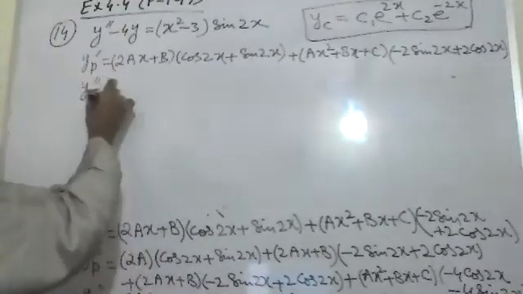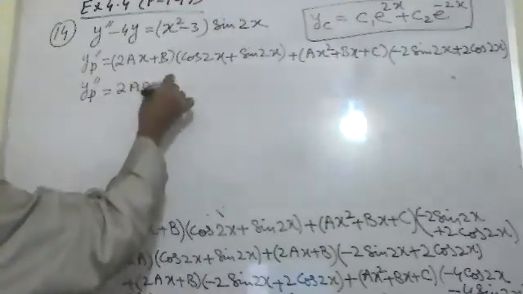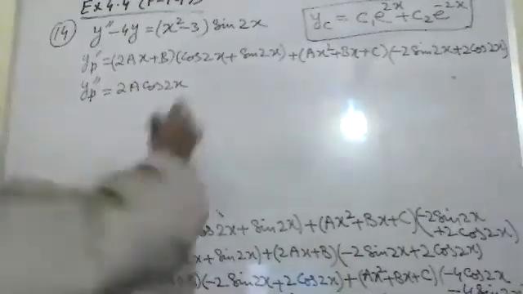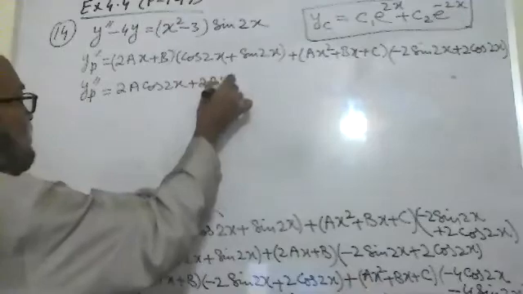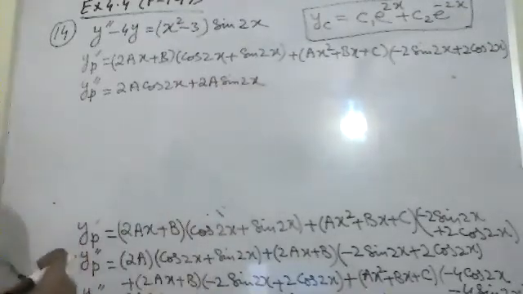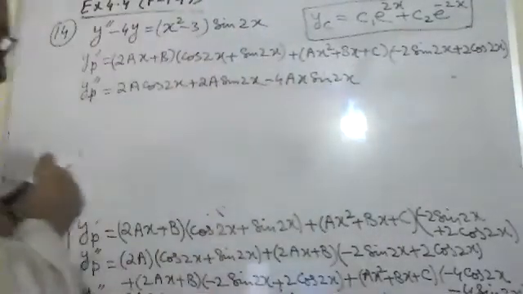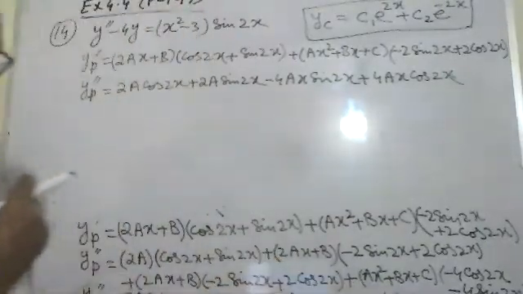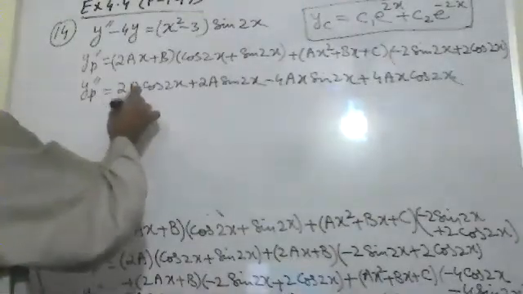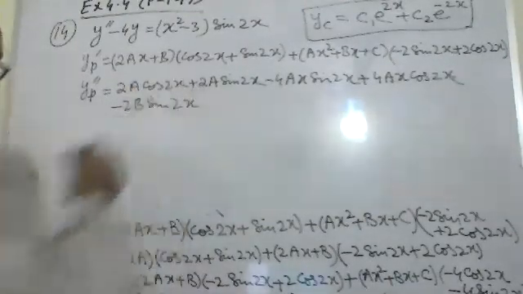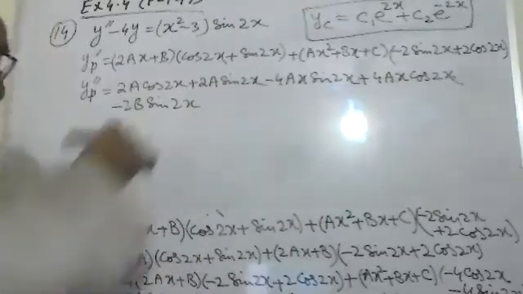I'm writing over there 2a cos 2x plus 2a sin 2x minus 4ax sin 2x plus 4ax cos 2x plus 4ax cos 2x, then minus 2b sin 2x plus 2b cos 2x.